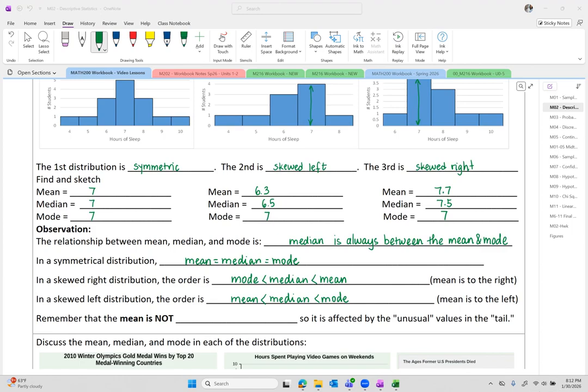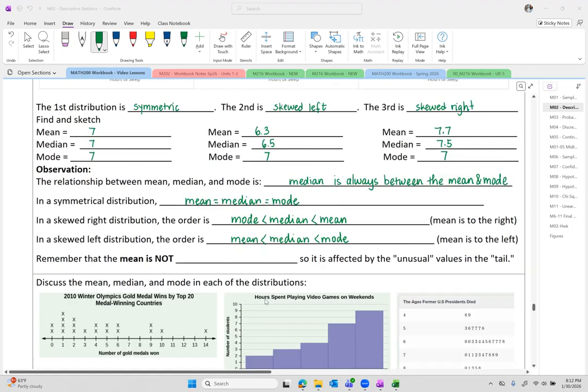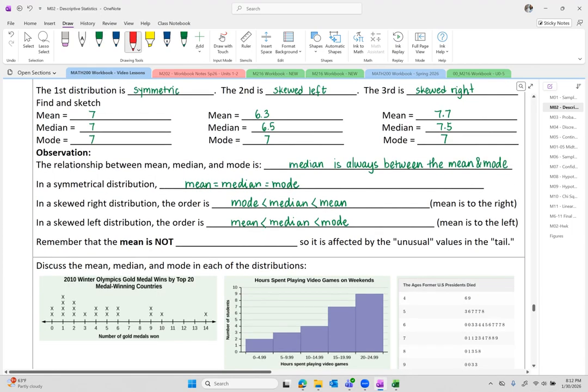Remember that the mean is not a resilient statistic. So it is affected by the unusual values in the tail, which is the skew. So if your unusual values are small, your mean will be small. If your unusual values are larger values, then your mean will be the larger one.